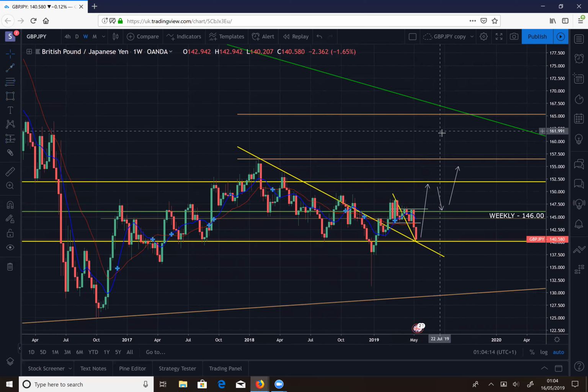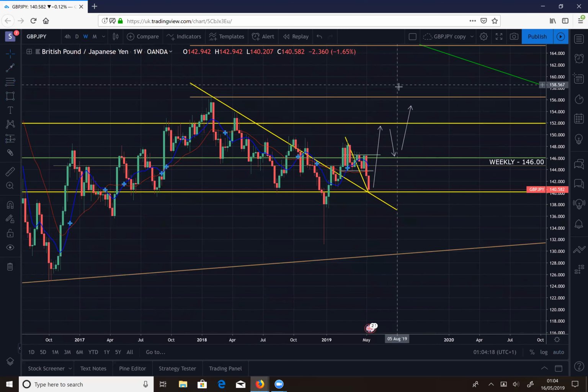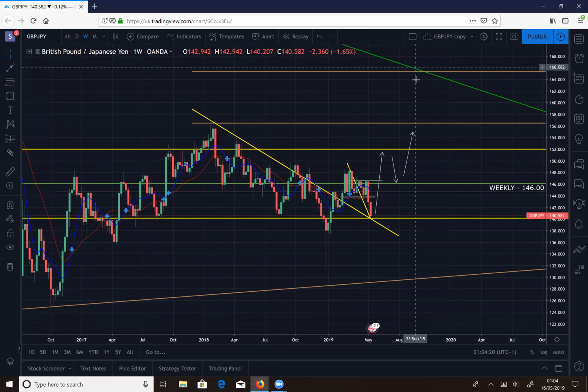Okay, so there are a lot of levels for GJ to break through before it does ever think about breaking into this new zone and touching our descending green trend line. And because we did spike the 78.6 Fibonacci here, we kind of expect price to not reach the D extension straight away.